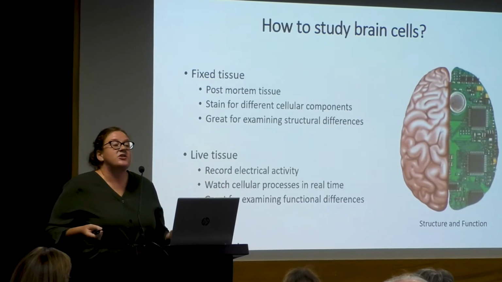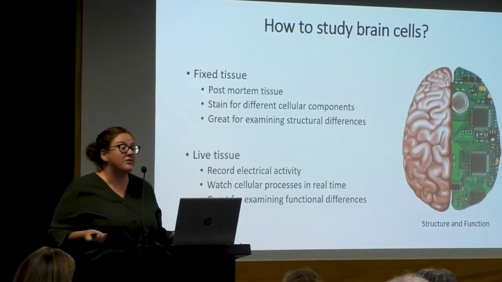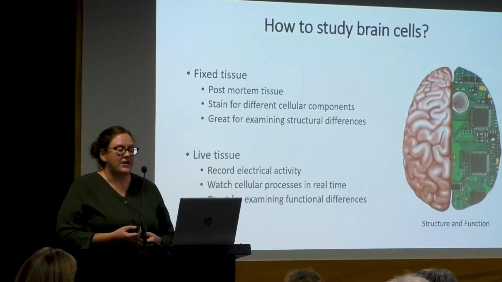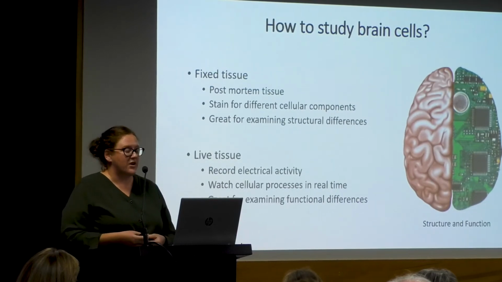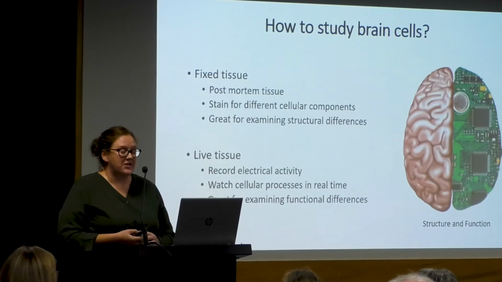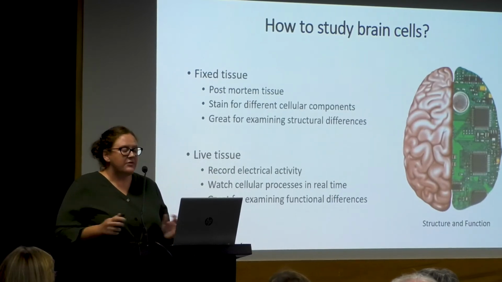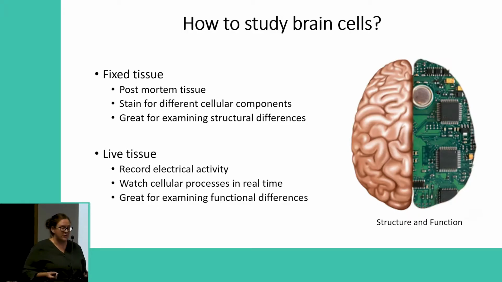But what this live tissue really allows us to do is to record electrical activity, so take videos of electrical activity so that we can really try and understand it. And you can also watch different cellular processes in real time, such as neurons growing in different ways and making connections with each other. So this type of live tissue is really essential if we're going to look at functional differences in the brain.